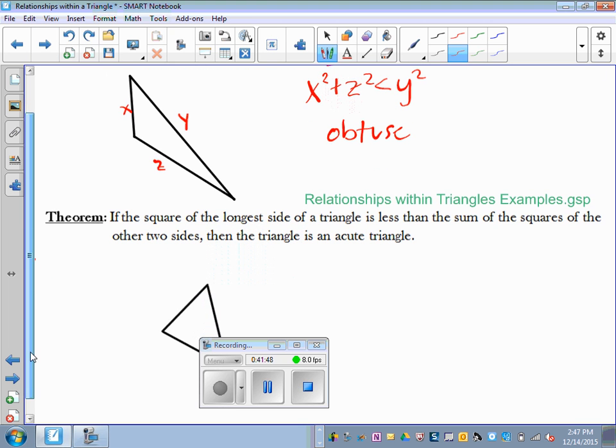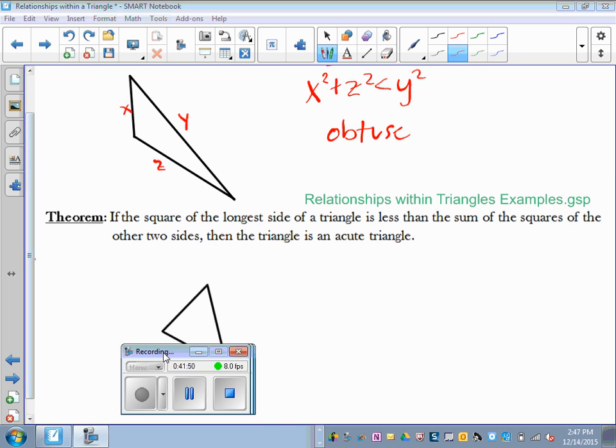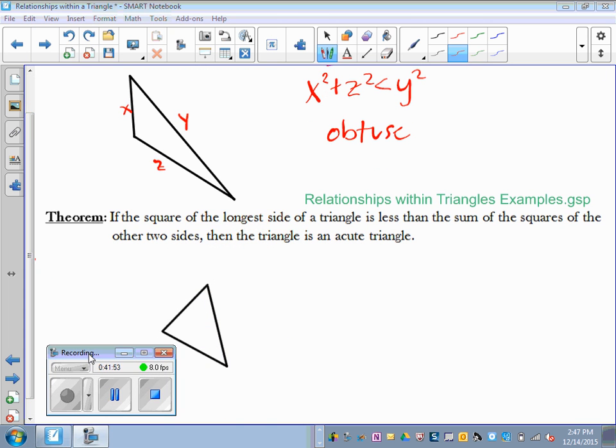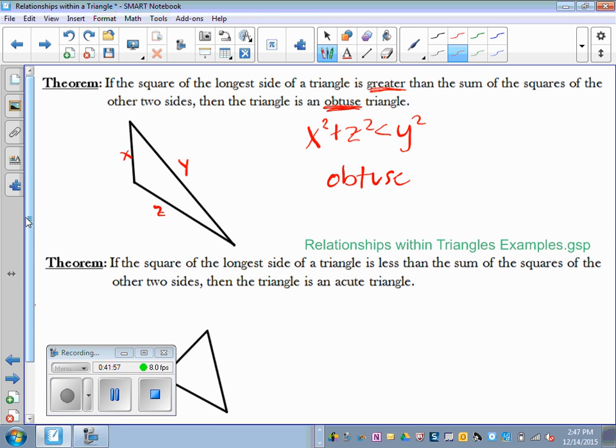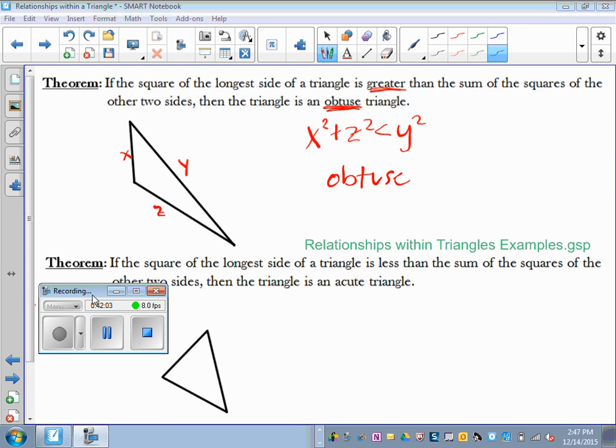If the square of the longest side of a triangle is less than the sum of the squares of the other two sides, then it's acute. So if it's greater than, it's obtuse. Let's take a look at over here, with the same orientation. Again, y is my longest side here.